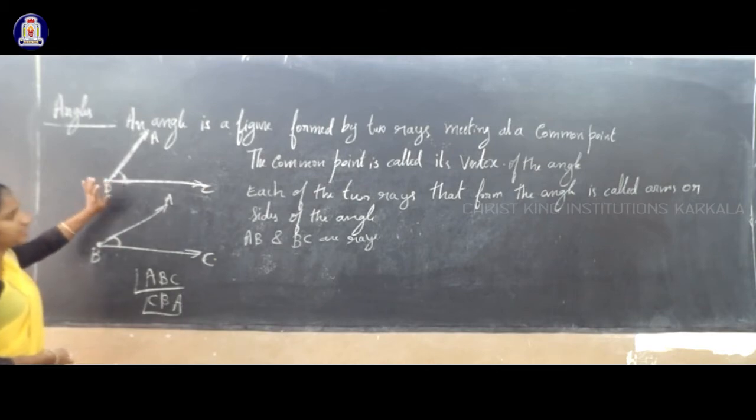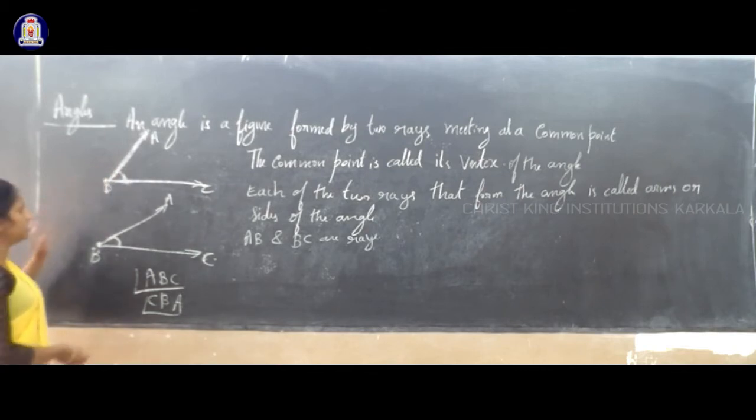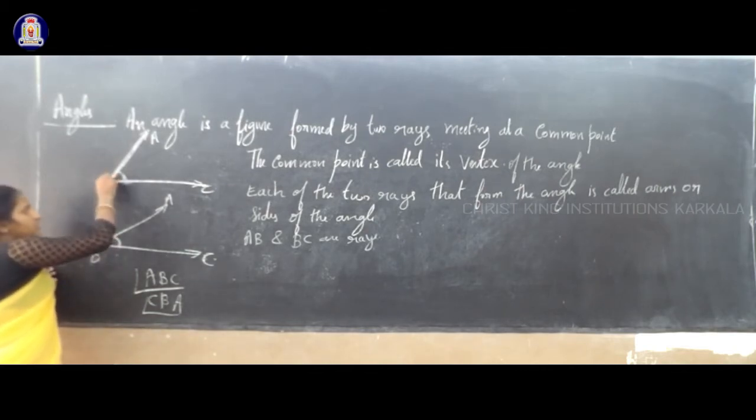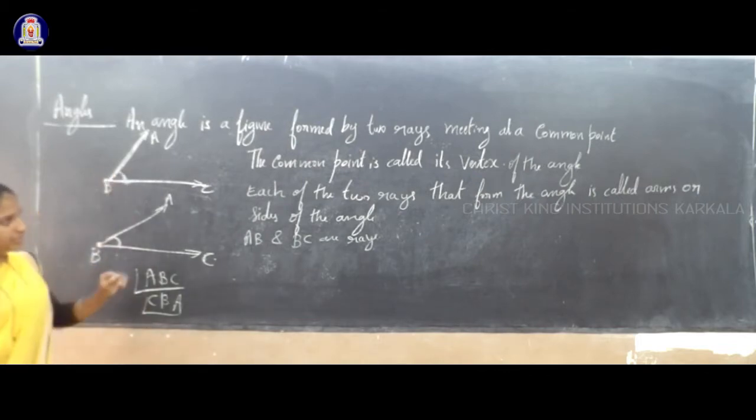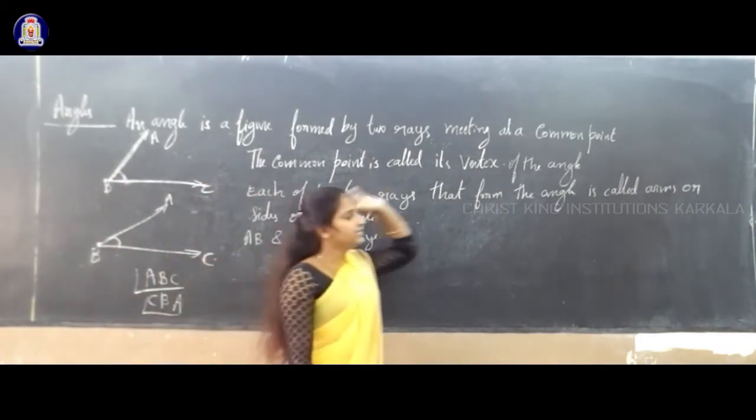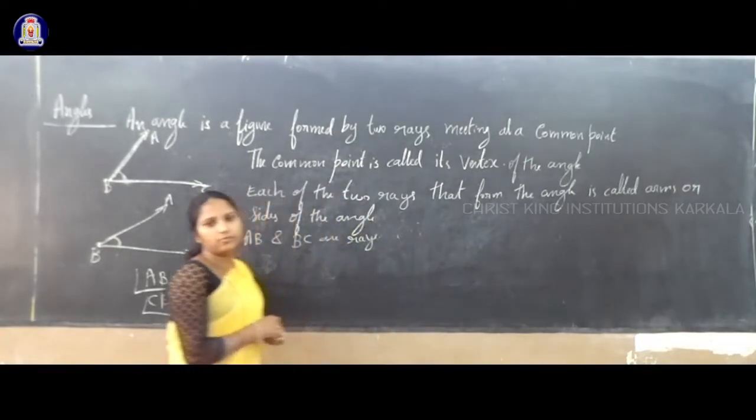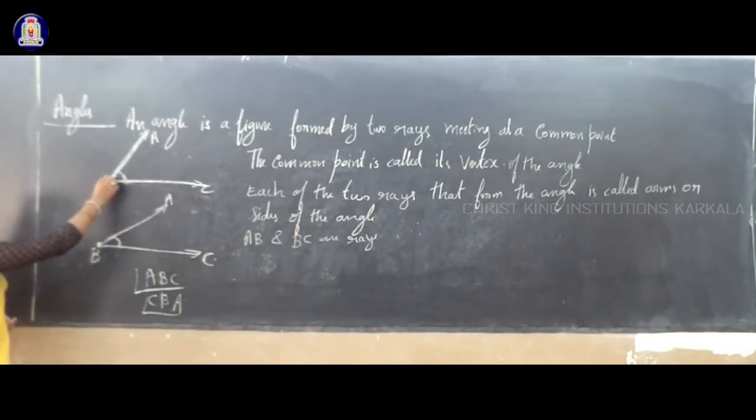That point here is B. In this figure, the common point is B. The common point is called its vertex. This is called the vertex of the angle.